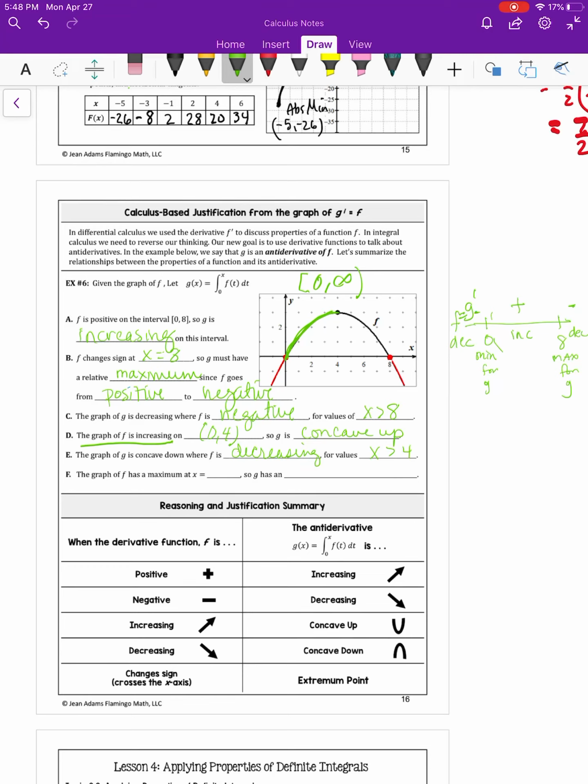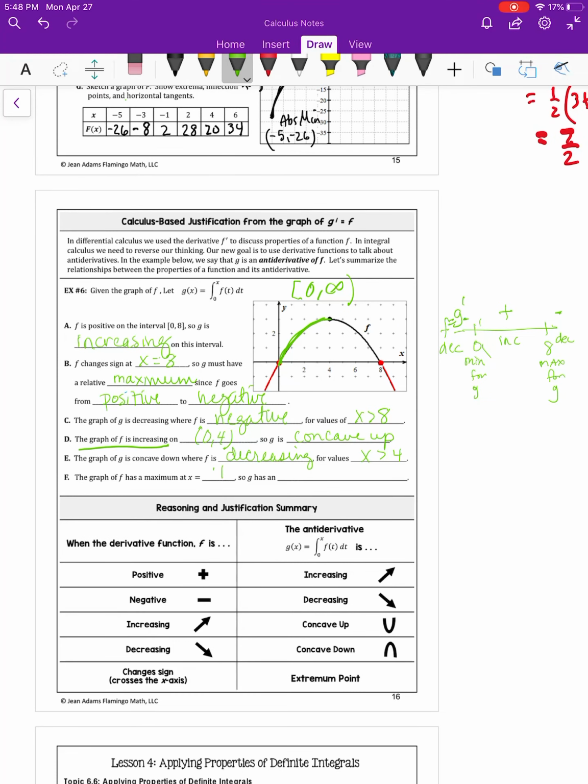The graph of f has a maximum at x equals 4. So g has an inflection point there, because it goes from positive slopes of tangent lines to 0 to negative slopes of tangent lines.